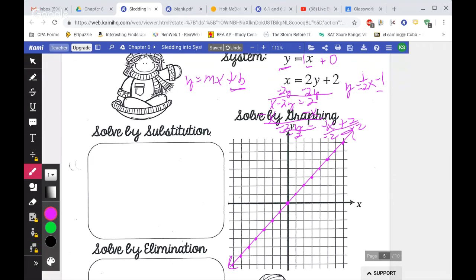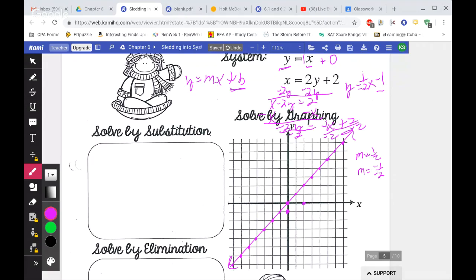So I'm going to plot my y-intercept first. So that's negative 1, and it's going to go right here. And now I'm going to use my slope, positive 1/2, to plot my other point. So I can either travel in two positive directions or two negative directions. So if I go up 1, I'll have to go right 2.